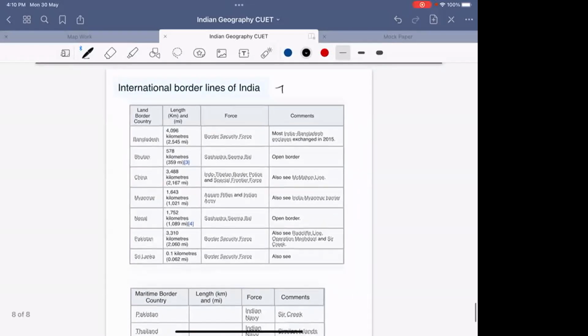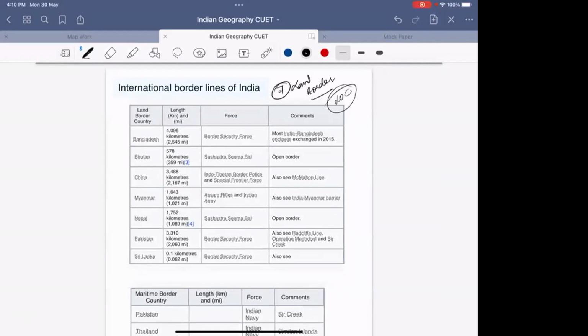If you go into the minute details there are basically 8, but the 8th one is very controversial. In various materials you will read about Afghanistan, whether it shares its border with India or not. But this is controversial because of the LOC.